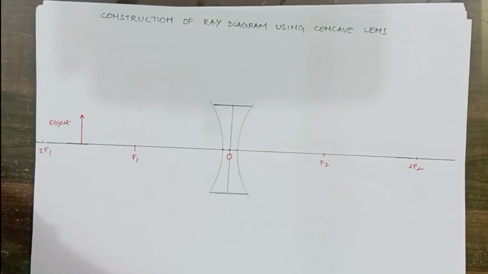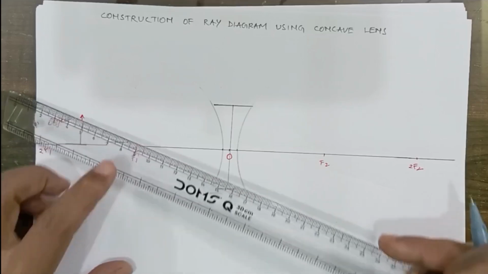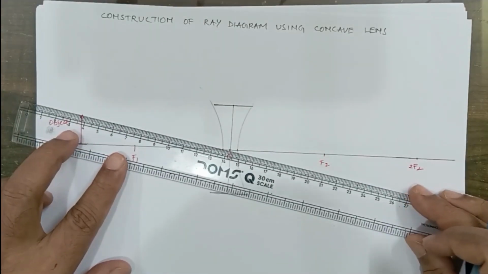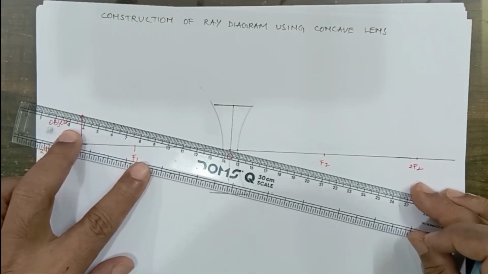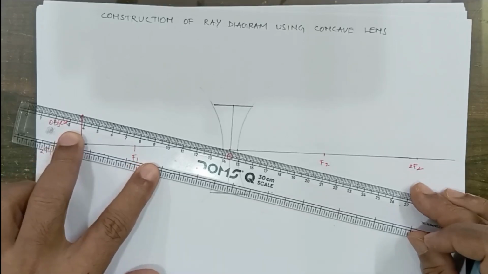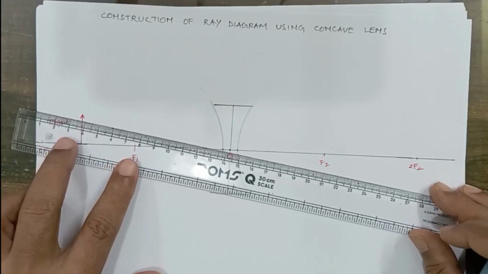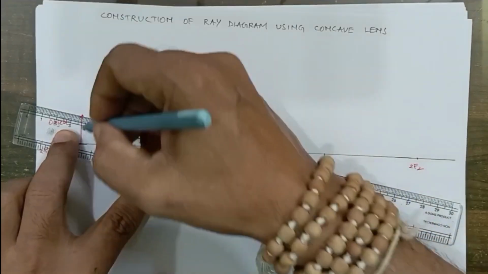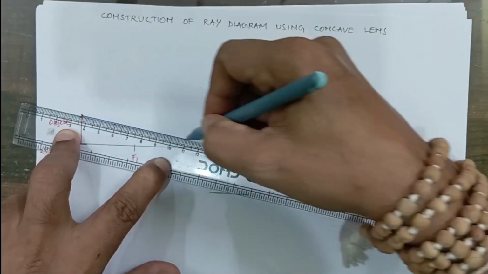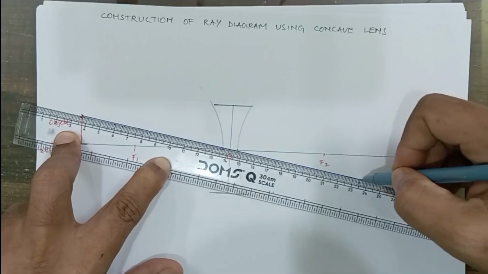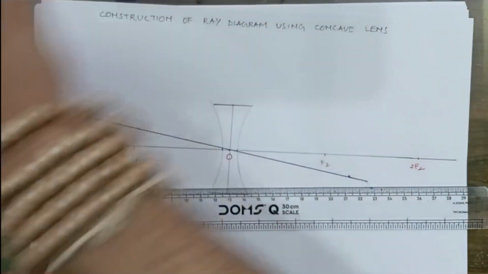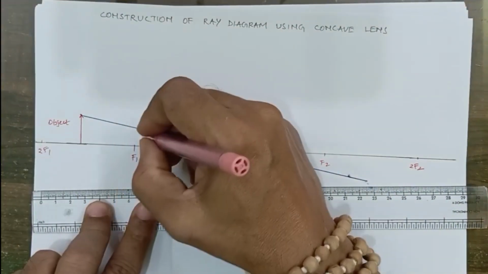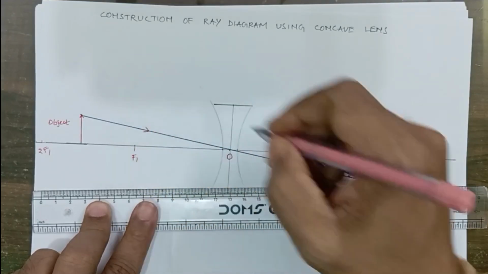Now the first principal ray that passes through the optical center will pass undeviated. So I am drawing the first principal ray passing through the optical center of the concave lens, and I am marking the direction of the light ray.